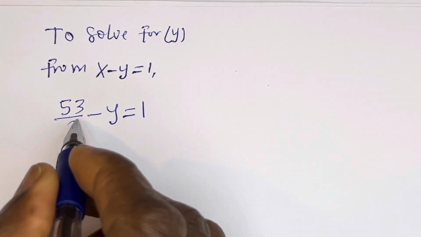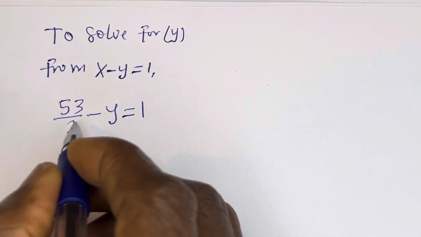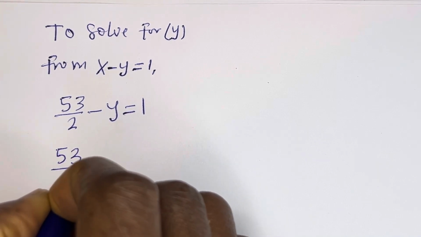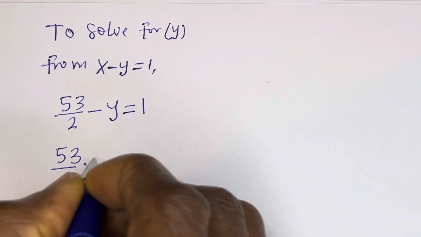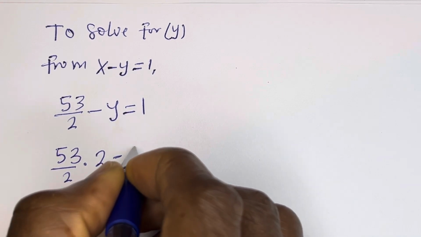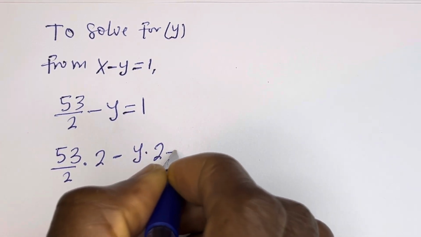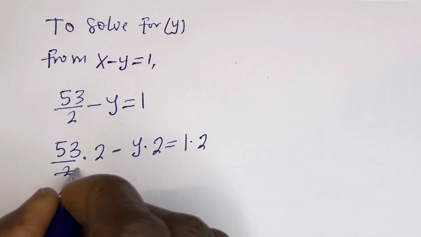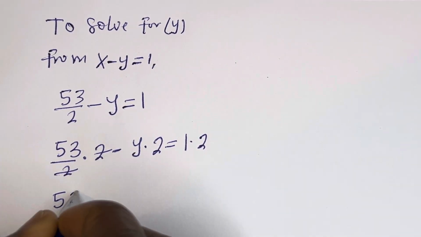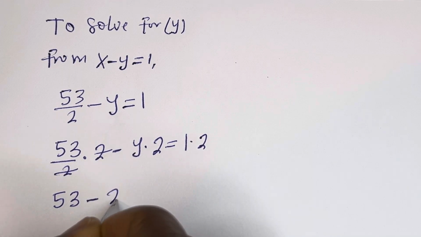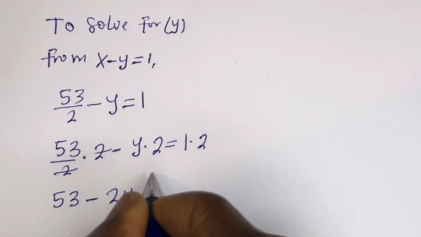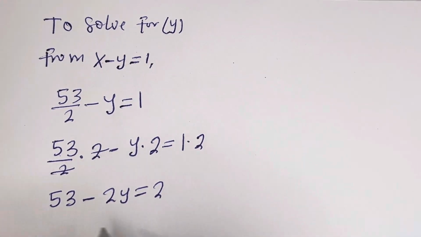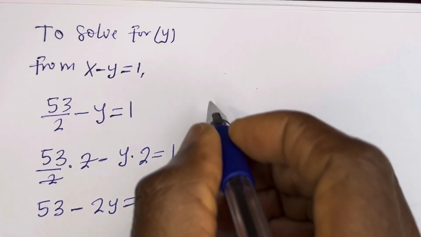Let's multiply all through by 2. Here is 53 over 2 multiplied by 2 minus y multiplied by 2 is equal to 1 multiplied by 2. Then this will cancel this. We have 53 minus 2y is equal to 2.